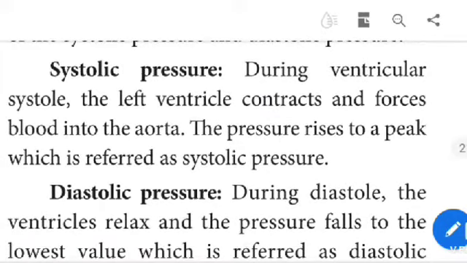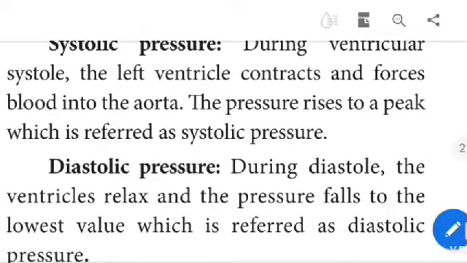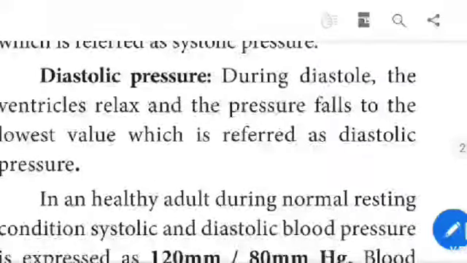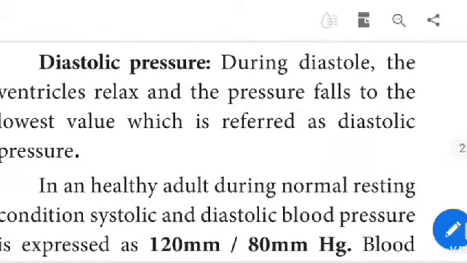Systolic pressure. During ventricular systole, the left ventricle contracts and forces blood into the aorta. The pressure rises to a peak, which is referred to as systolic pressure. Diastolic pressure.